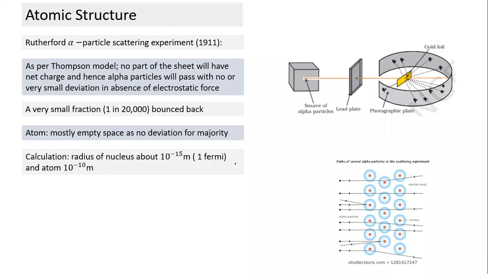Similar to the solar system, where you have the sun at the center and different planets going around, here also there's a nucleus. In the solar system, gravitational force makes the planets go around the sun in circular motion. Here it is the electrostatic force between the nucleus and the electron.